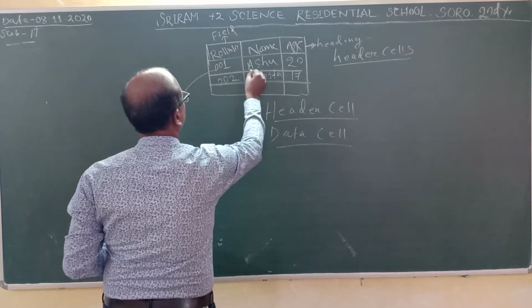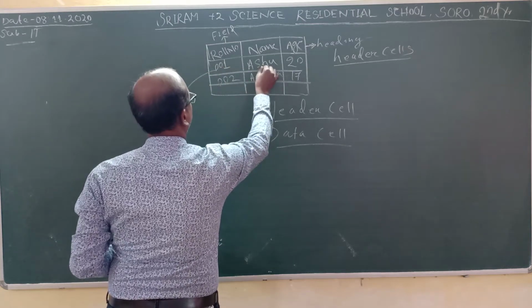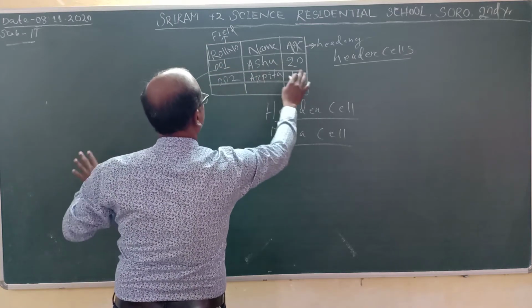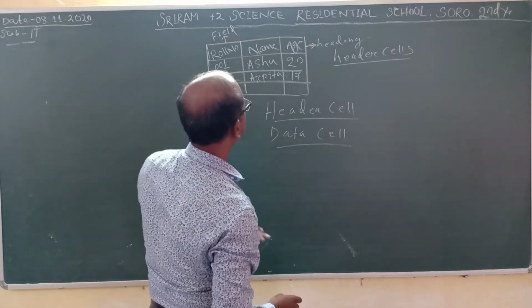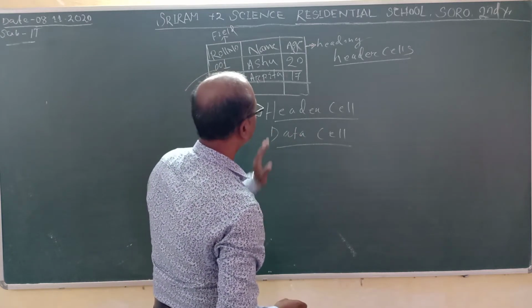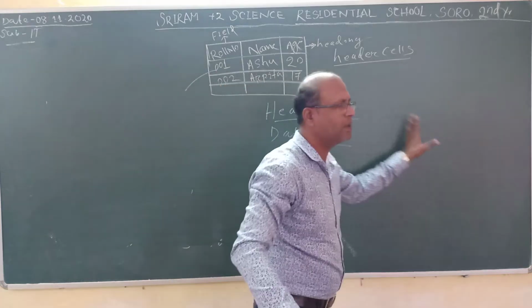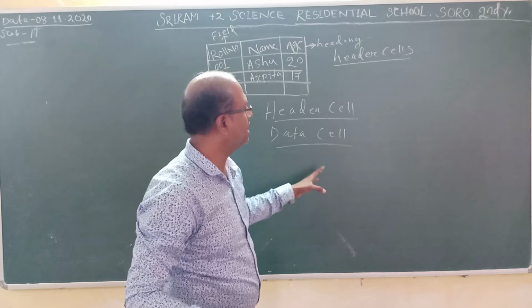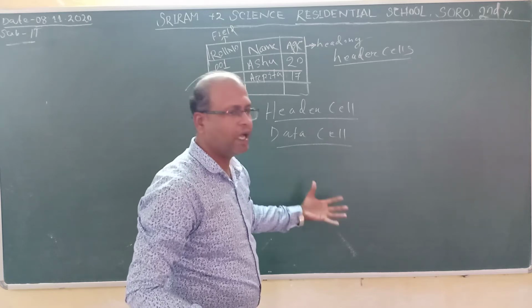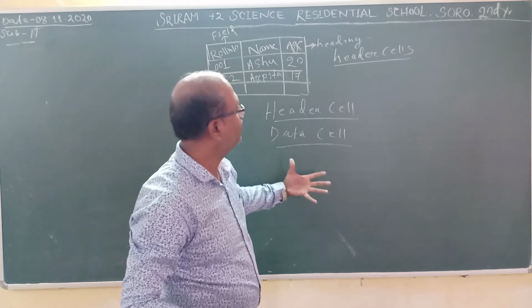This roll number, this 001, Asu, 20, these are called data. And data should be stored in the data cell. Clear? The header cell contains the information about the heading, and the data cell contains the data or the value for that heading information.